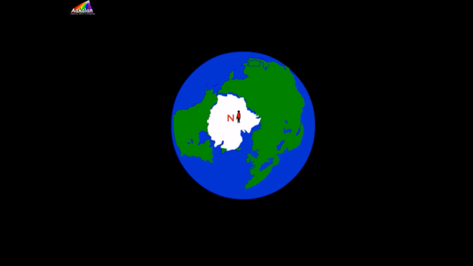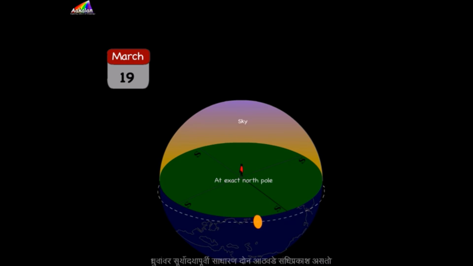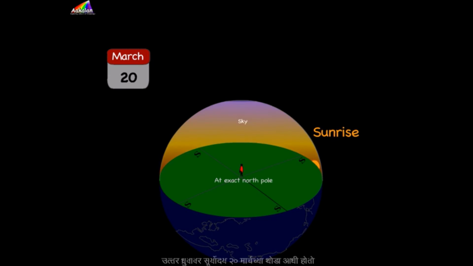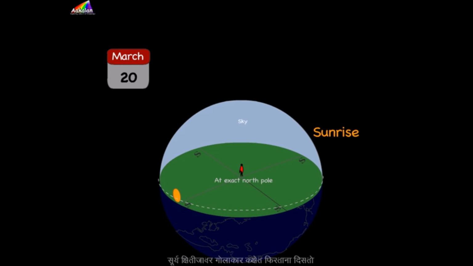North Pole. A twilight period of about 2 weeks occurs before sunrise. Sunrise is just before the March equinox, around 20th March. When the sun is visible in the polar sky, it appears to move in a horizontal circle above the horizon.